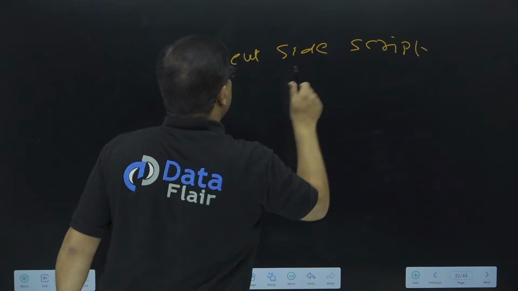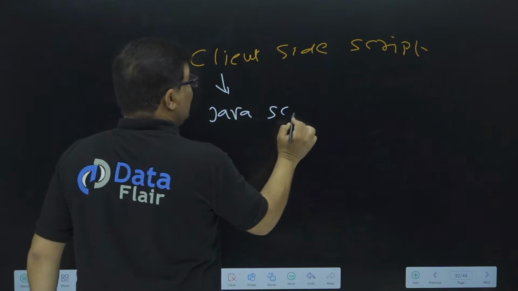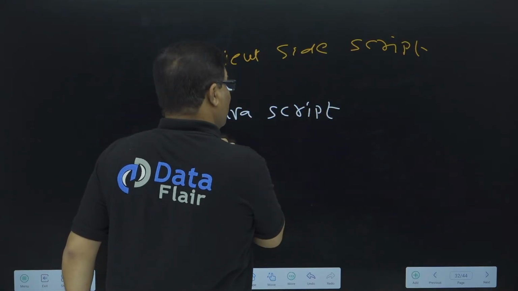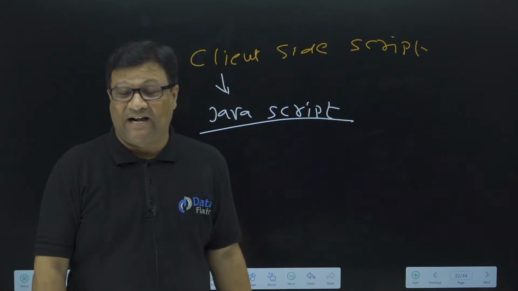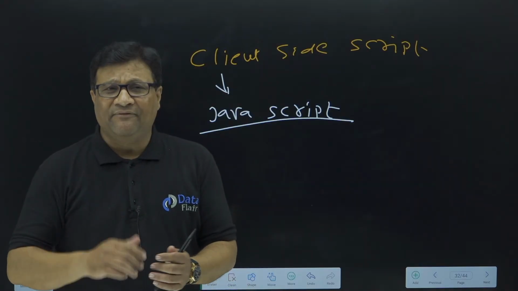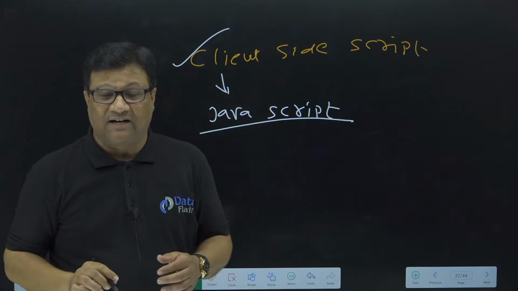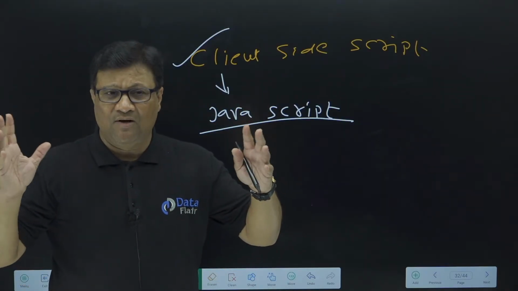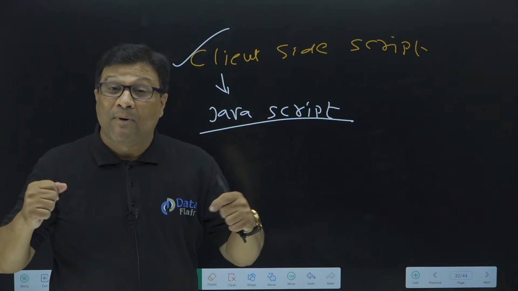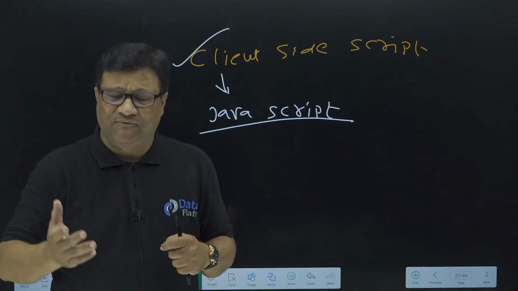But later on, they changed the name from client-side scripting to JavaScript. And there is a very interesting story behind this, like why they used the Java word. Because in 1995, this technology came between 1995 and 2000. At that time, Java was the boom. Java was one of the most in-demand technologies between 1995 and 2000.